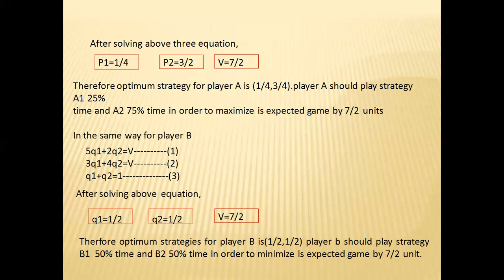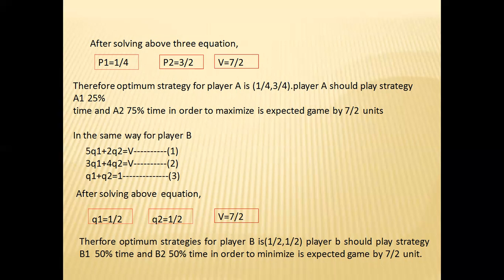Upon solving equations 1 and 3, or 2 and 3, we get the values, and upon substituting these Q1 and Q2 values in either equation 1 or 2, we get the V value, that is 7 by 2. The obtained values are Q1 is equal to 1 by 2, Q2 is equal to 1 by 2, and V value is 7 by 2.